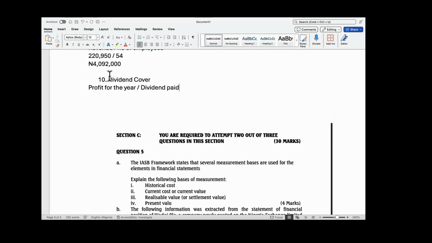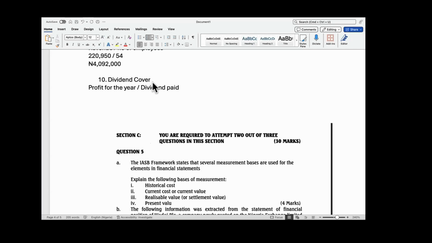From the name, what can cover your dividend is your profit. It's your profit that protects your dividend and pays your dividend. So we are looking at how many times we can pay dividend from our profit.